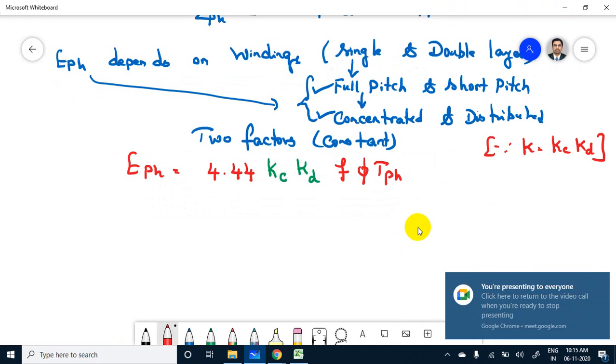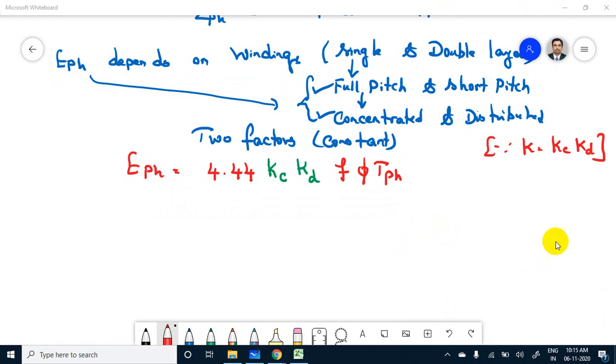Now we will see what is meant by Kc and what is Kd. The first parameter is Kc.